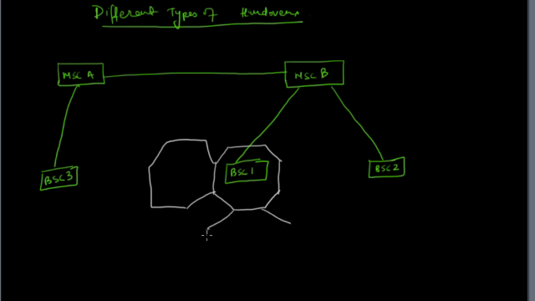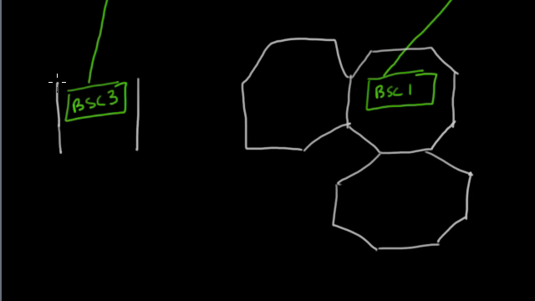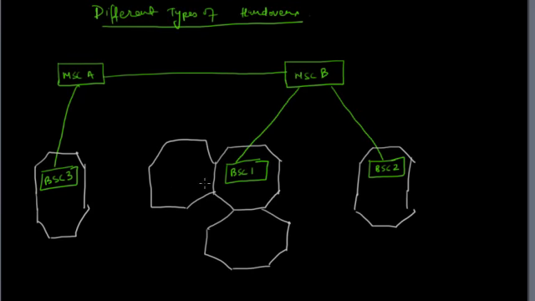My drawing is not the best in the world, so please bear with me. 3, this one came out better. This one is not 3, so let's draw one cell site around BSC2, and one around BSC3. Let's assume these are hexagonal in shape.